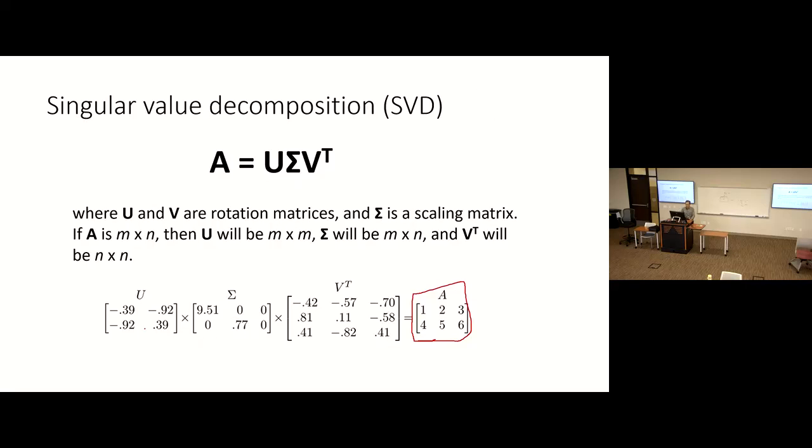Okay, so this is a rotation matrix and also normalized. This is also a rotation matrix, normalized. Normalized means the norm of each column is 1.